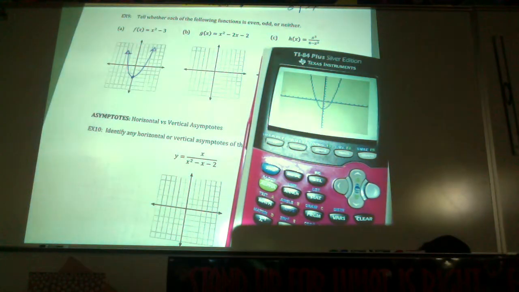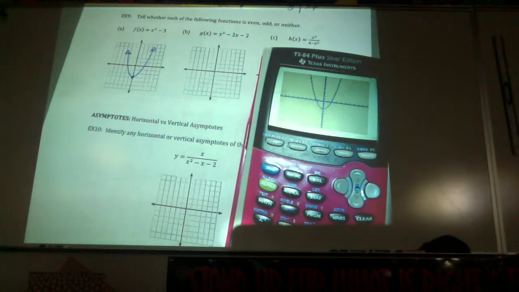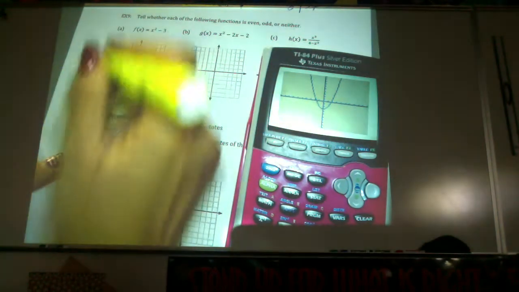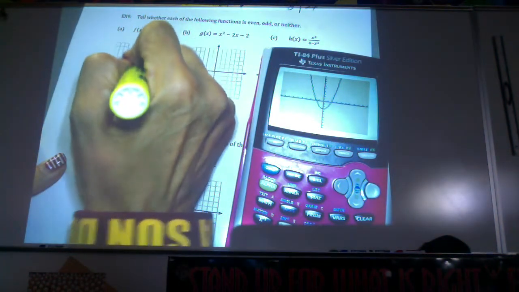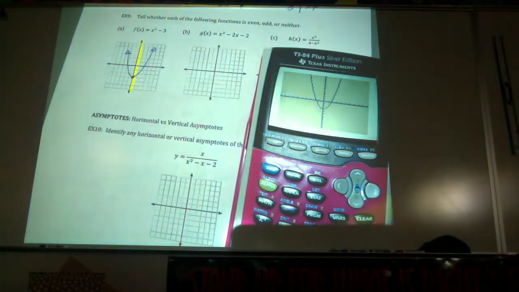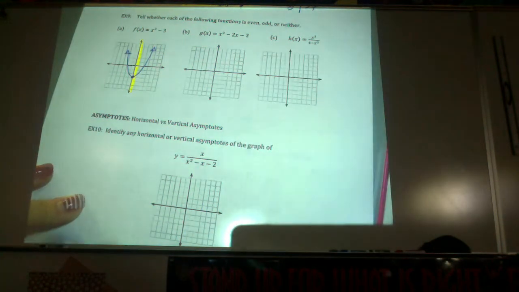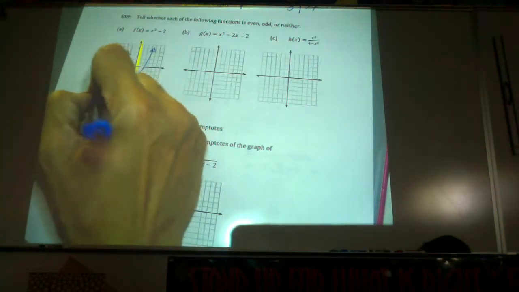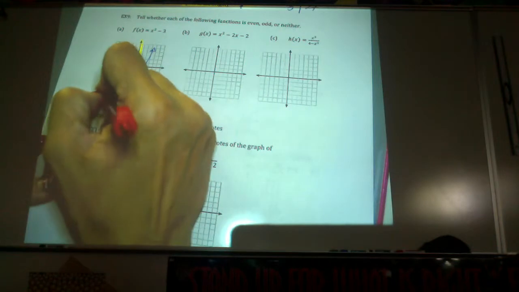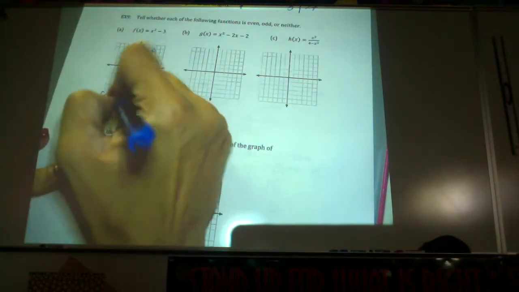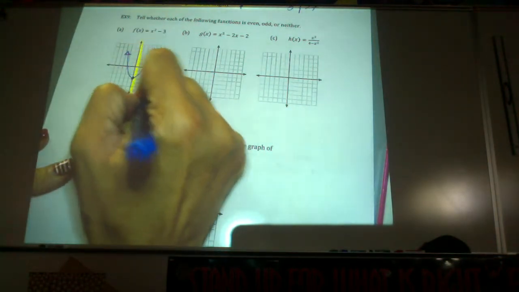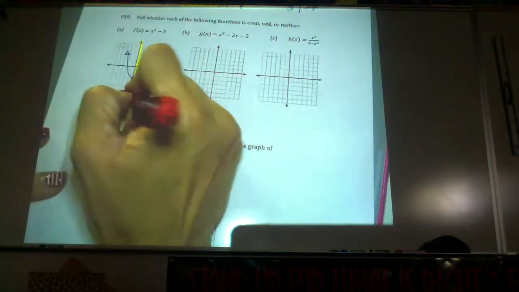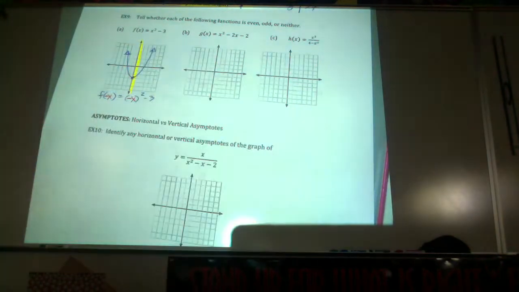So what do you notice about the graph? Isn't this a line of symmetry? What does that tell you about the graph? It should be even. Also notice that you have an even exponent. So if I algebraically went and replaced every x in the function with a -x, I'm looking for no sign change for all terms if it's even.